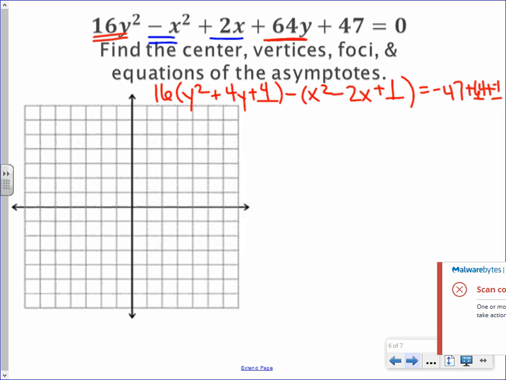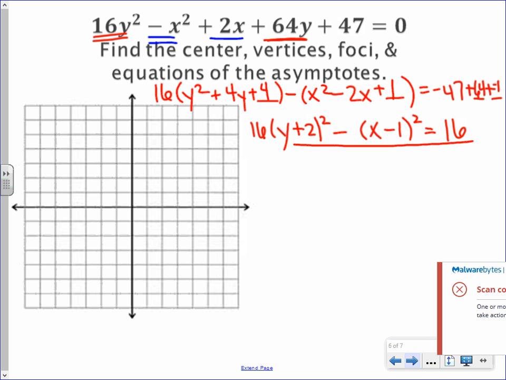So what we end up with is 16 times y plus 2, the quantity squared, minus x minus 1, the quantity squared, equals, oh, that's nice. Just like with ellipses, we need this to be 1.